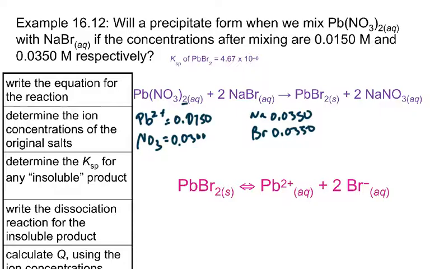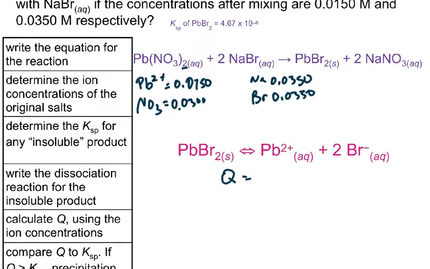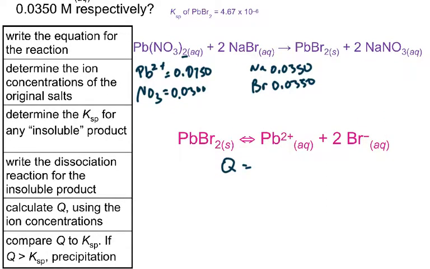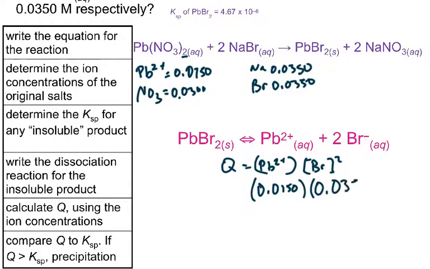Okay, and this is the equation we are curious about. We have to check our Q value, which we calculate the same as we do in Ksp. It's going to be our lead times our bromide squared. We know our lead concentration is 0.0150 molar. Bromide is 0.0350 molar squared.